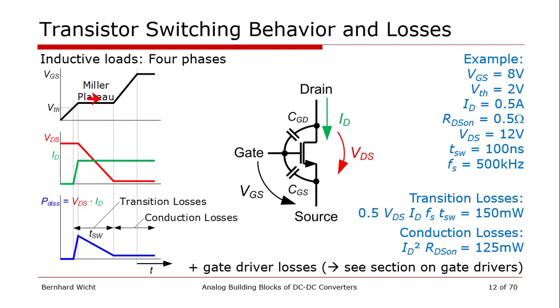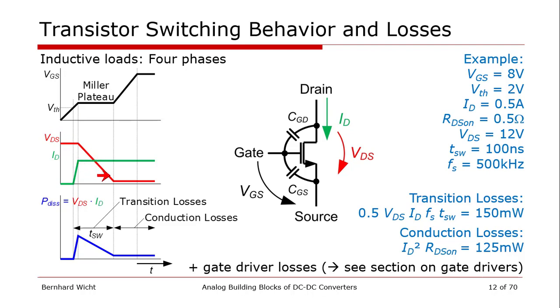What we see here in the center, this Miller plateau, is one interesting effect, which is similar to what we have probably all learned in the analog amplifier theory, the Miller effect. During this phase, we see a steep transition of the VDS voltage if you turn on, right?